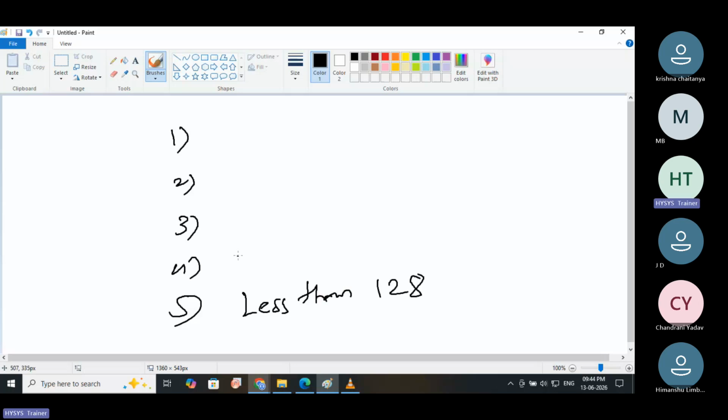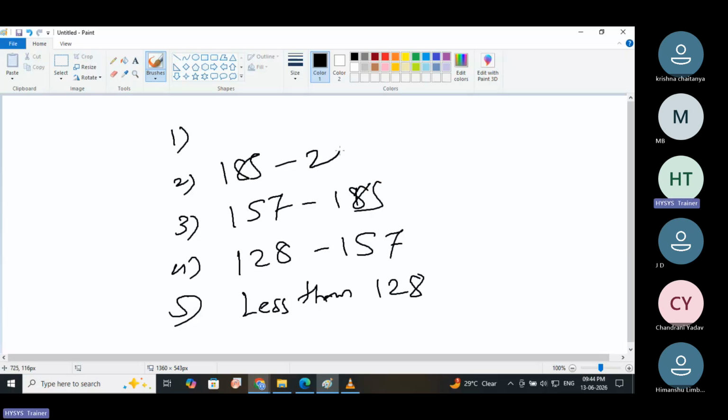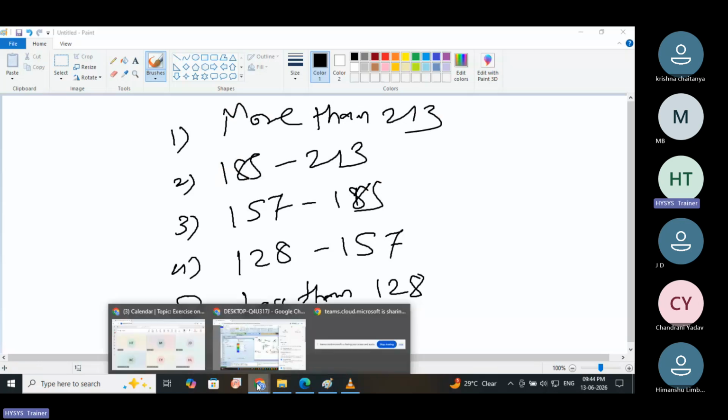The second one is between 128 to 157. The third one is between 157 to 185. The fourth one is between 185 to 213. And the last one is more than 213.